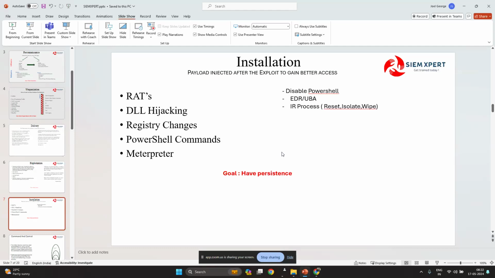Now, a basic EDR would be able to protect you from these kinds of instances.